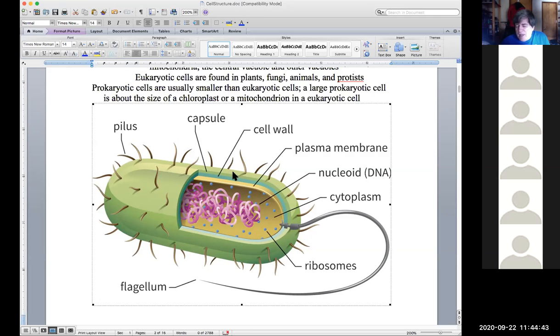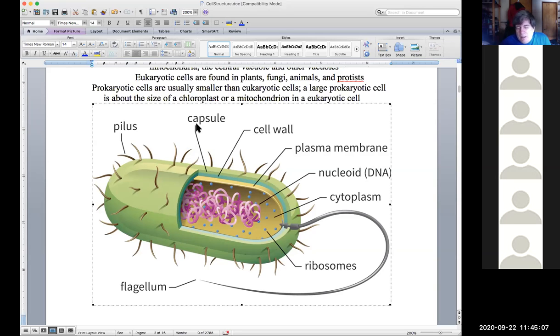Now, outside the cell wall, a lot of bacteria have this lighter green layer, which is labeled the capsule. It's sometimes called a slime capsule. It's built from polysaccharides, so large carbohydrate molecules, and they actually have a slimy texture.